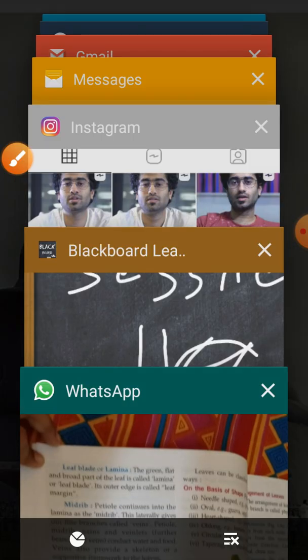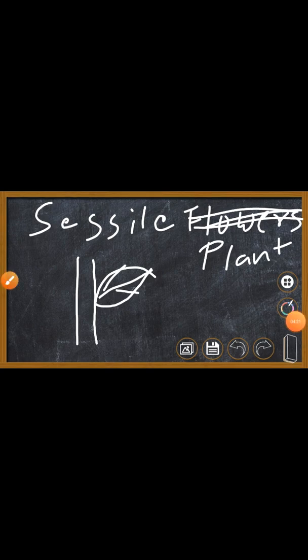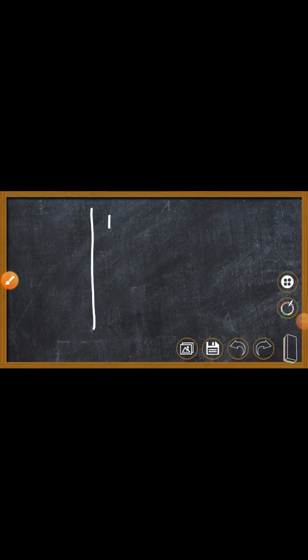So this is the stem, this is the leaf. This whole portion which I'm shading right now, which in plants is green in color, this is what you call leaf blade. This whole green portion of a leaf is the leaf blade.